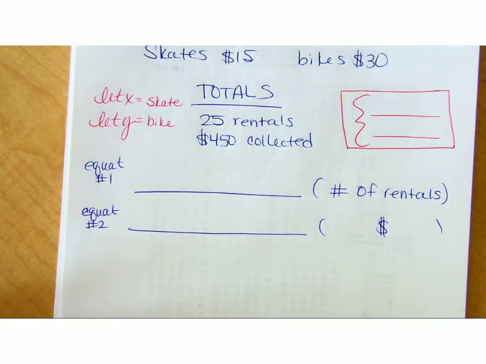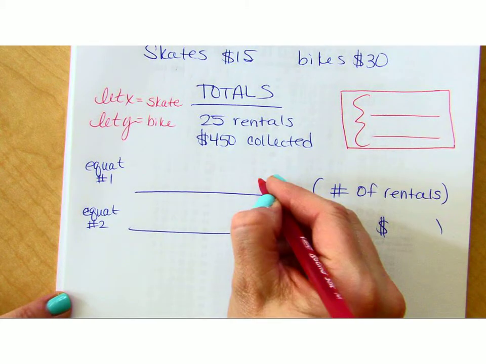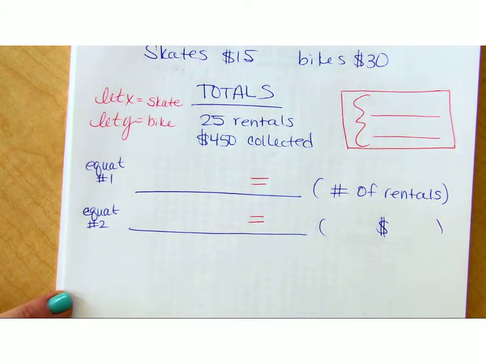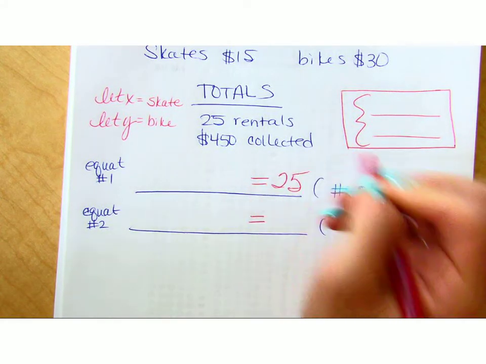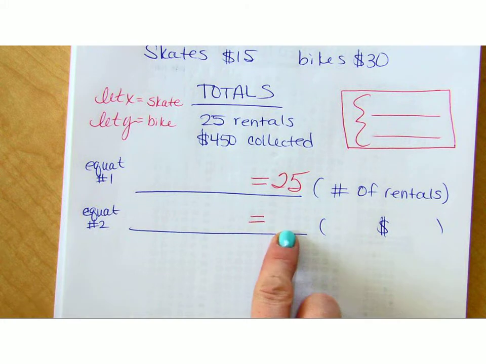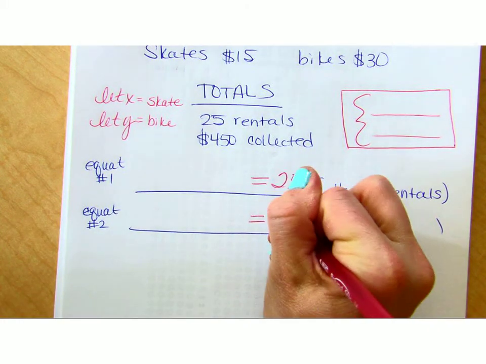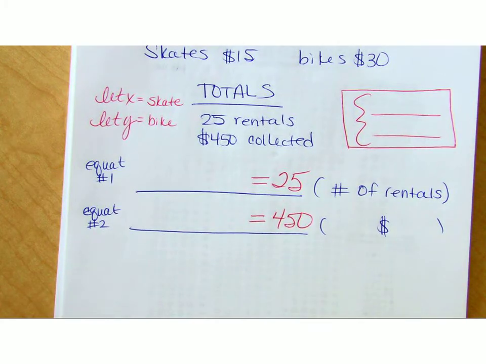Okay, so when I go to set my equations up, it's not how you think. It's not standard or slope-intercept form, right? Because you know right off the bat, they're not talking about it starting at this much and going up this much. It's a whole different type of problem. So, how many rentals did I have total? 25. How much money did I collect total? Do you remember what an equation looks like in standard form?